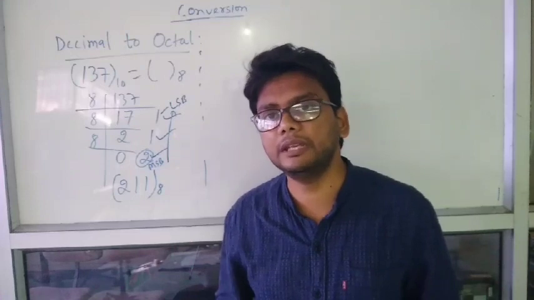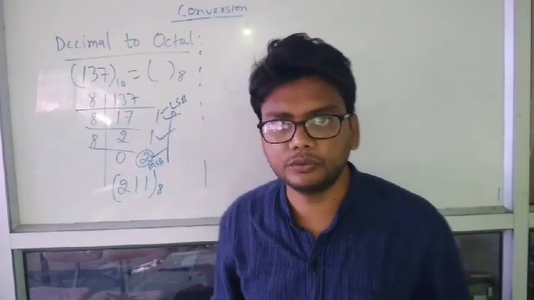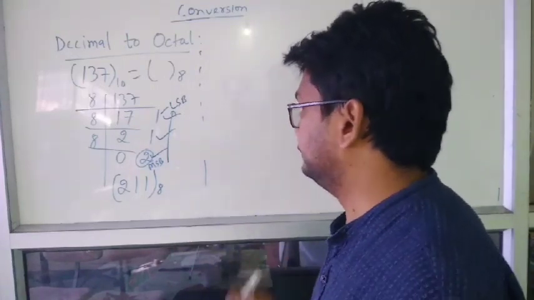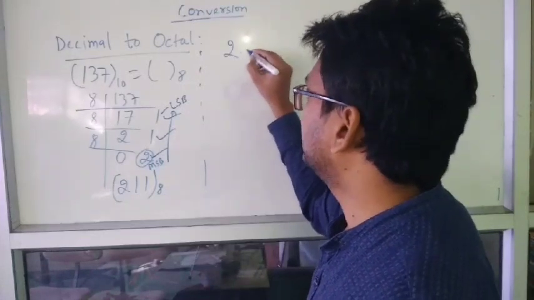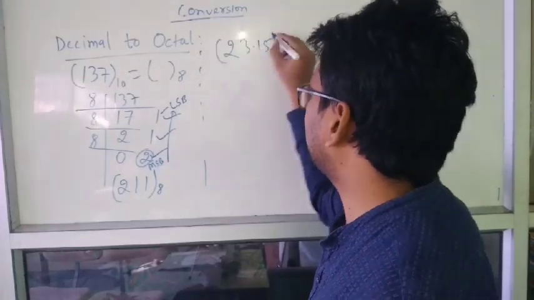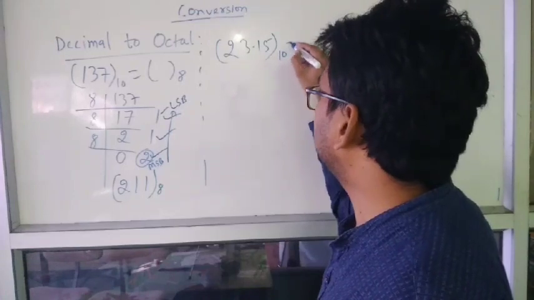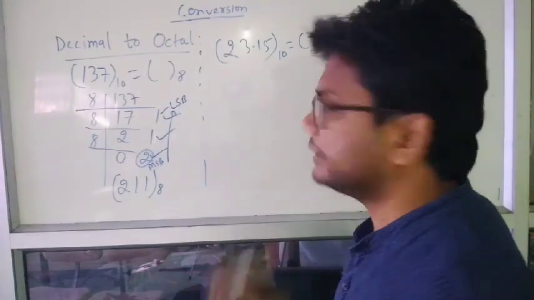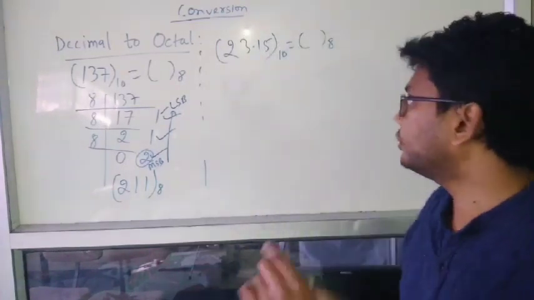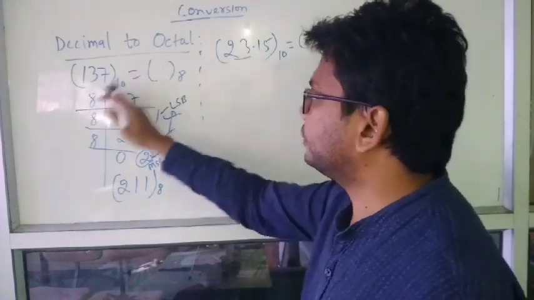Now suppose a fraction part is also given, like 23.15, which is in the decimal form, and we want to convert this decimal data into the octal one. Again for the integer part we will follow the same funda.